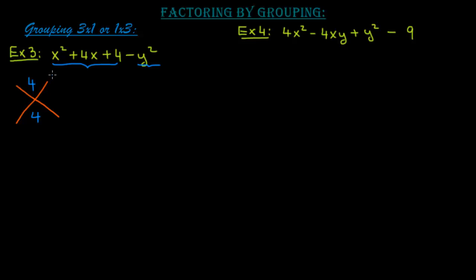We're looking for a pair which multiplies to give 4 and adds up to give 4. So that pair is 2 and 2. 2 plus 2 gives 4, and 2 times 2 gives 4. And my answer for this part will be x plus 2 times x plus 2. Then we bring down the negative y squared.